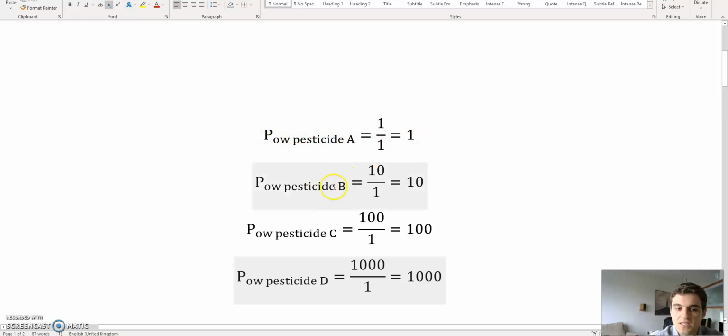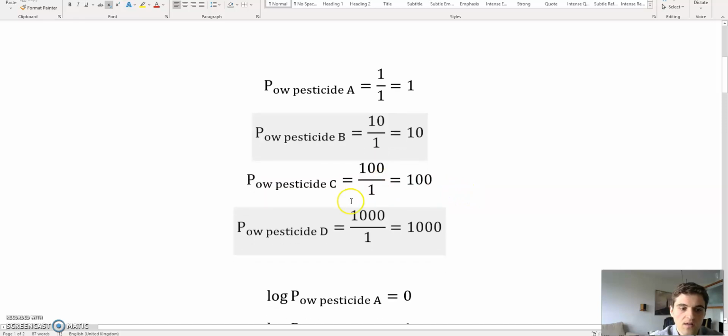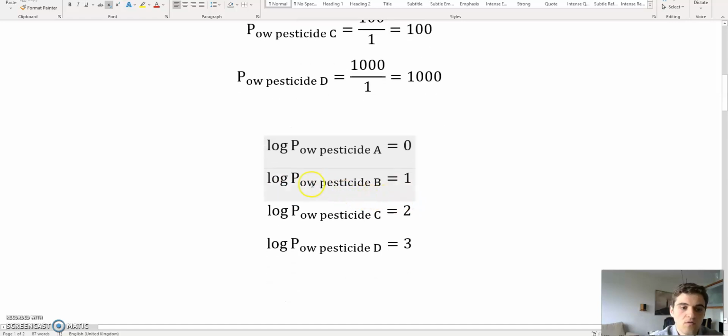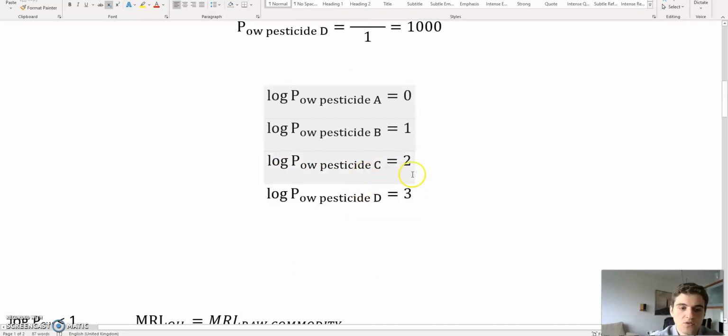You can have a pesticide B that concentrates 10 times more in oil than in water, with a POW of 10, a pesticide C with 100 POW, and pesticide D with 1000 POW. It is easier to use the logarithm, so for pesticide A, the log POW will be 0, for B 1, for C 2, and for D 3.